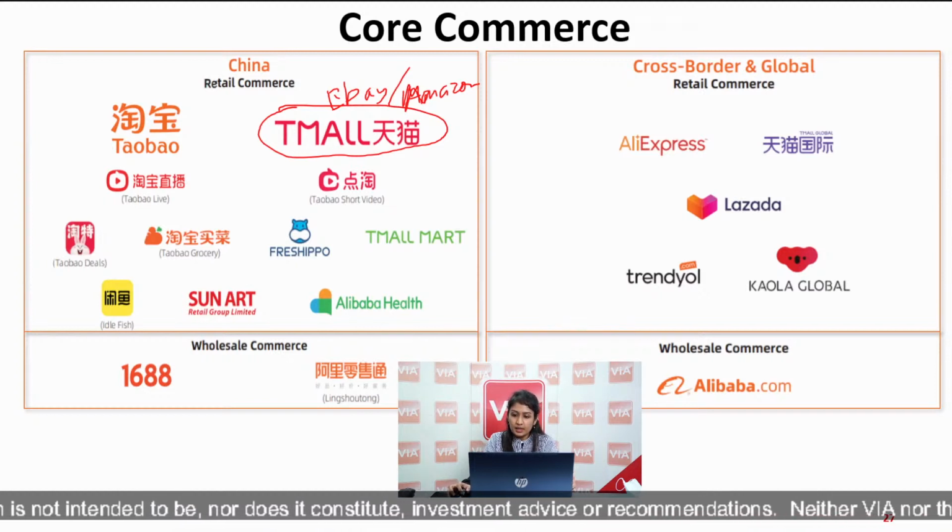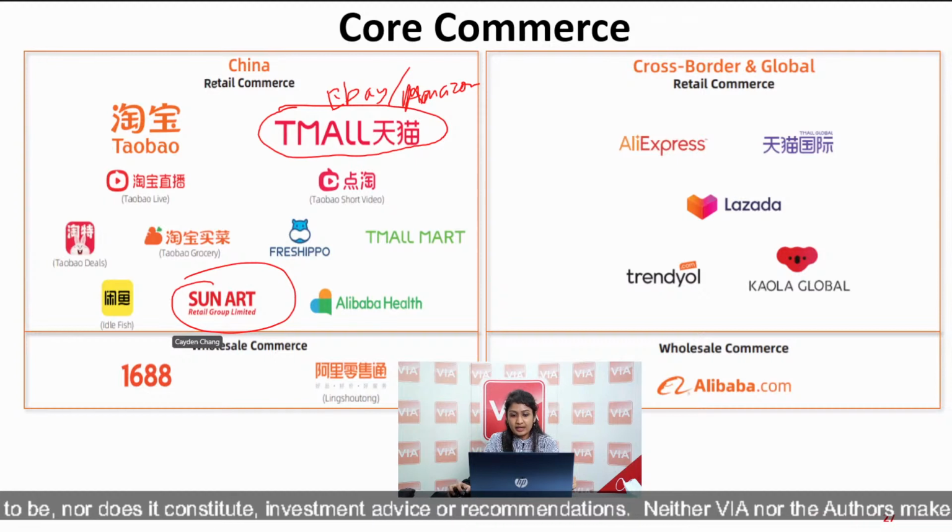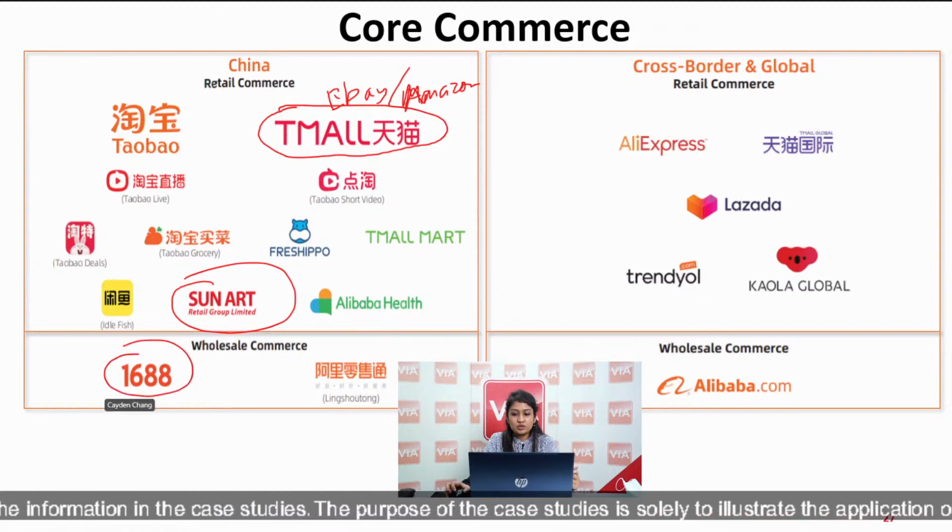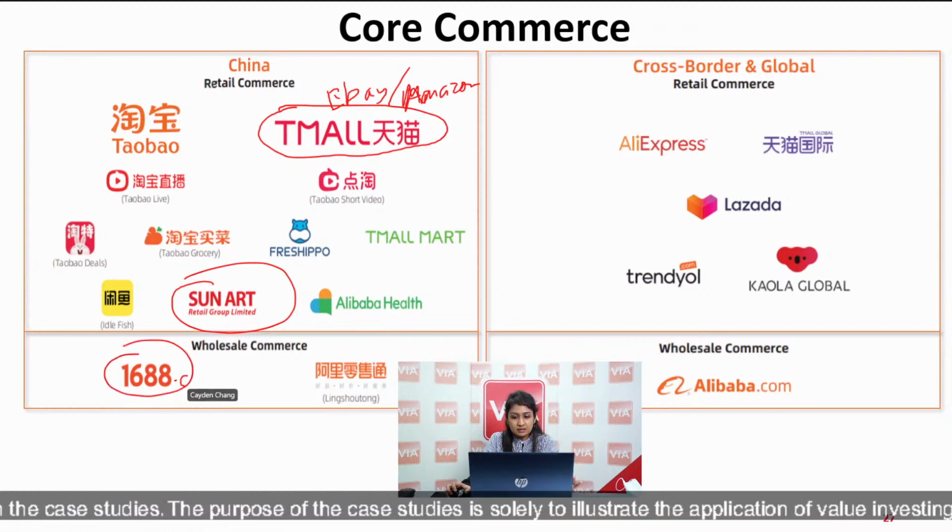Then Alibaba has also acquired a controlling stake in Sanat, which is a significant supermarket chain in China. The physical stores of Sanat are integrated with Alibaba, one of the platforms in Alibaba, which is called Taoxianda and Tmall supermarket platforms. This means faster deliveries, larger selections, and more efficiencies in operations. Then under China wholesale commerce, we have 1688.com, which connects wholesale buyers and sellers in the Chinese domestic marketplace.